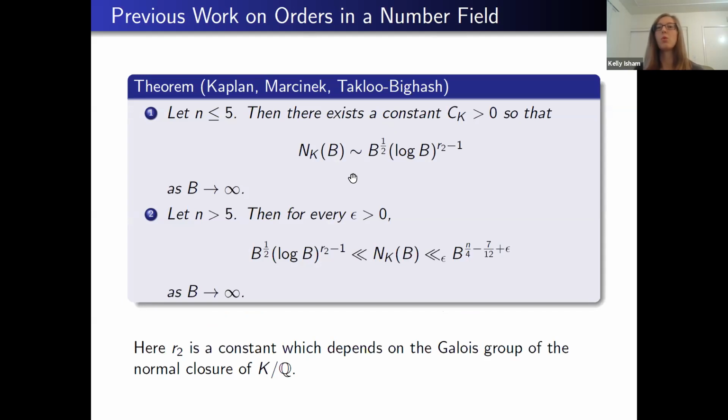Now for the growth of orders, it's b to the 1/2, times a log term, where R2 is just a constant depending on the Galois group of the normal closure of K over Q. If you want more information about that, I recommend looking at their paper. And then when n is greater than 5, they have these upper and lower bounds again. So they get the lower bound b to the 1/2 times a log term.